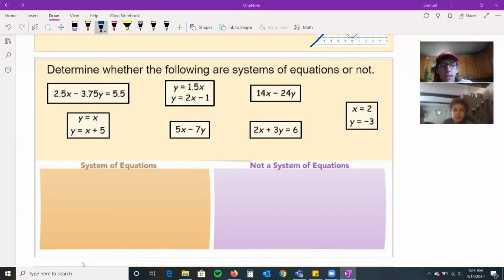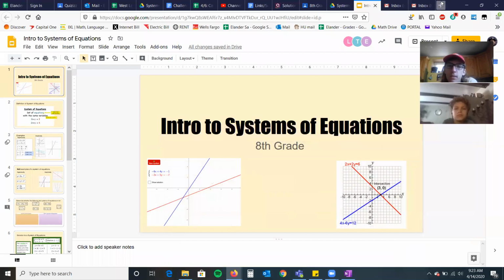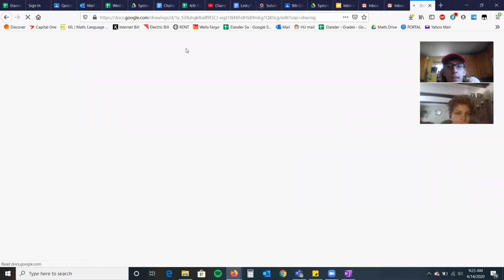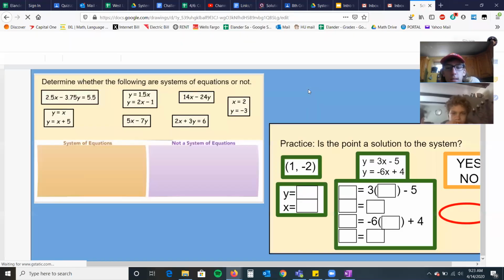So if you copy and paste that link and click make a copy, then you'll have, I'll show you what that looks like. You'll have a couple of these slides that you can draw on. So let me show you what that looks like. So if I copied and pasted that link, it would take me here.